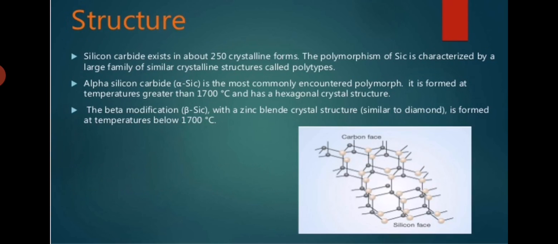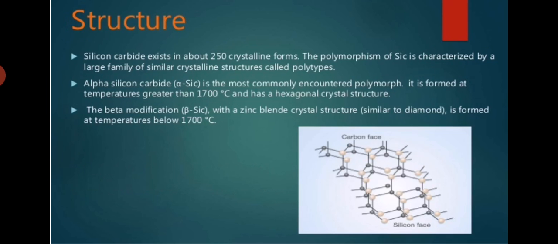As you see in this picture, the structure of the silicon carbide or carborundum is a hexagonal crystal structure, and for this we have heating up to 1700 degrees Celsius. And the beta modification with a zinc blende crystal structure similar to diamond is formed at a temperature below 1700 degrees Celsius.